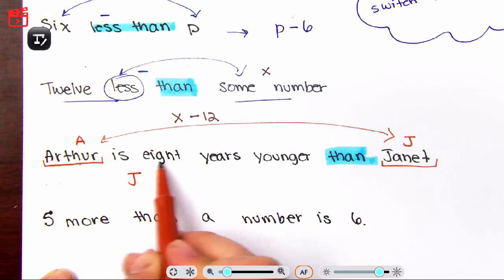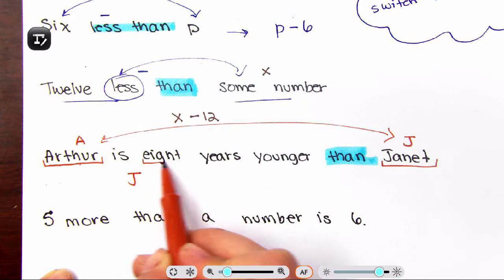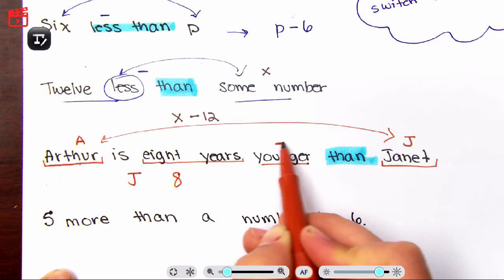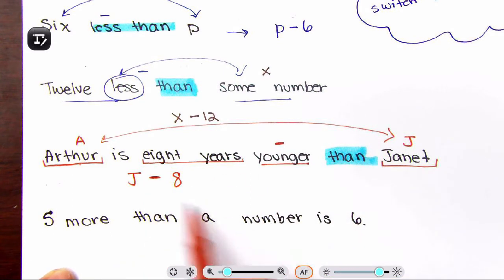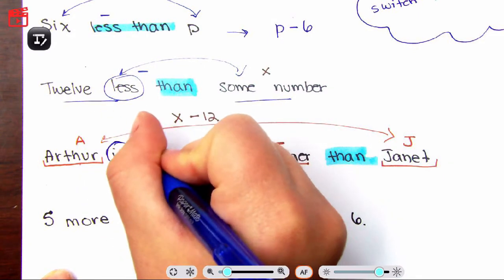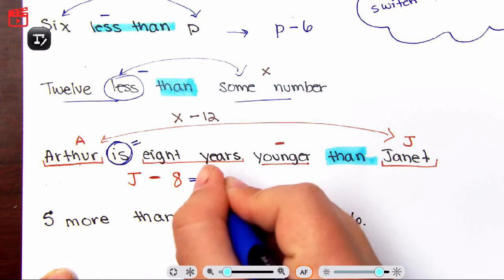Arthur is 8 years younger than Janet. 8 years, we know 8 is going to be important. Younger, I know it's going to be subtraction. And here's our first is. Anytime you see is, it means equals. Okay, so is Arthur.